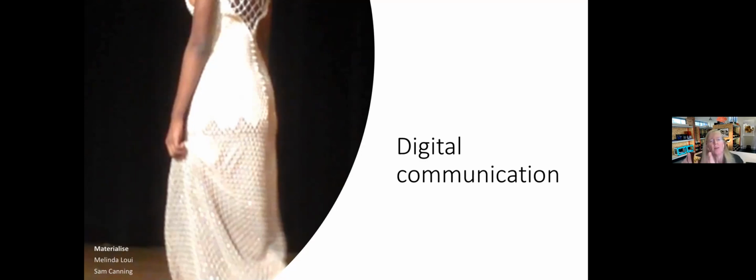But the key thing about this, the reason I'm showing this example, is that it demonstrates that digital communication, associated digital technologies working with additive manufacturing really expands what we can do, and again changes our ideas of what's possible.